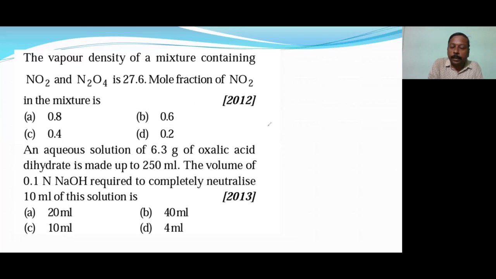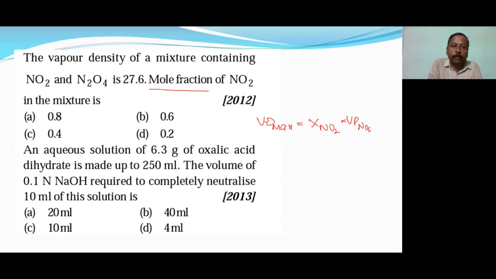See, the vapor density of the mixture will be equal to the mole fraction of NO2 into the vapor density of NO2.